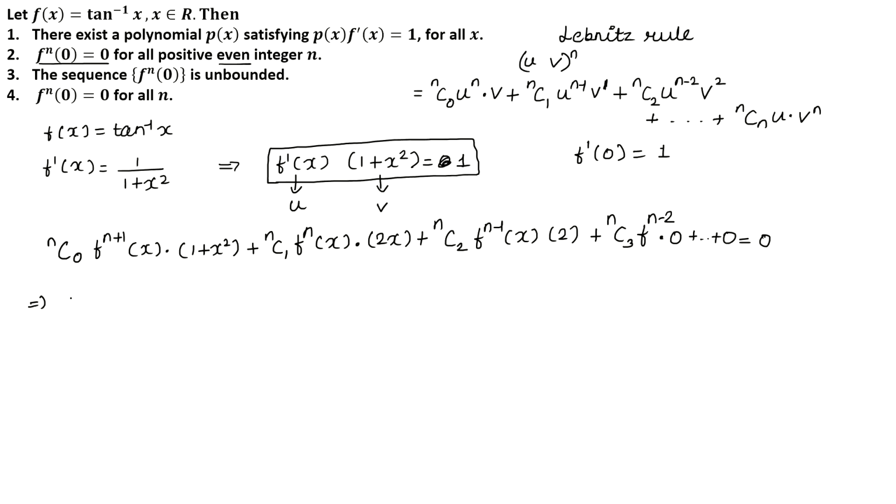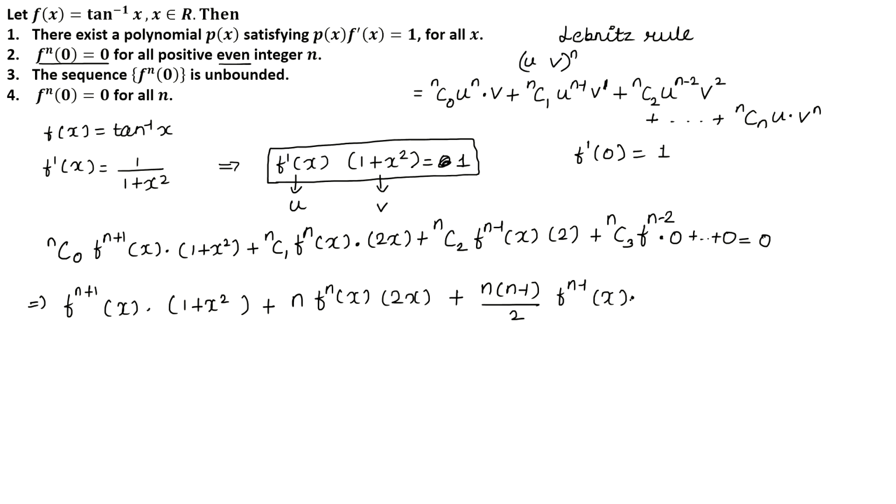On simplifying, nC0 is 1, so this is f_{n+1}(x)(1 + x²), plus nC1 is n, f_n(x) into 2x, plus nC2 is (n−1)/2 into f_{n−1}(x) into 2, plus 0 is equal to 0.